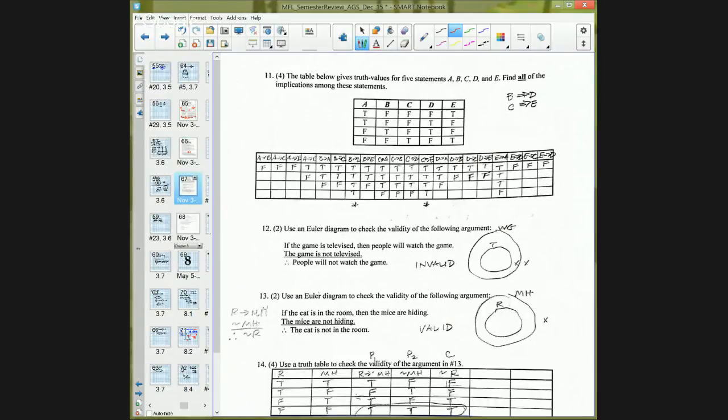Number 11, we've gone through that, but you may want to still talk about it. That's find the implications. You have to remember that an implication is when an if-then statement turns out to be a tautology. For the rest of the problem, you had to try if-thenning all the different ways you could. That's what all those columns were about.